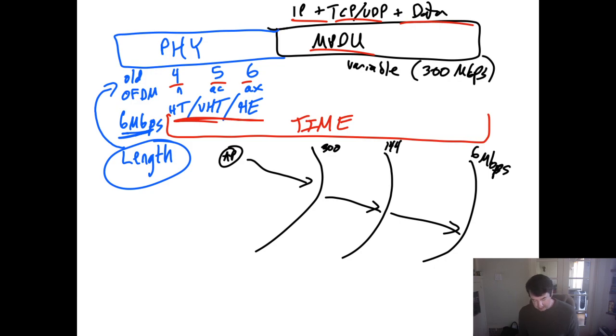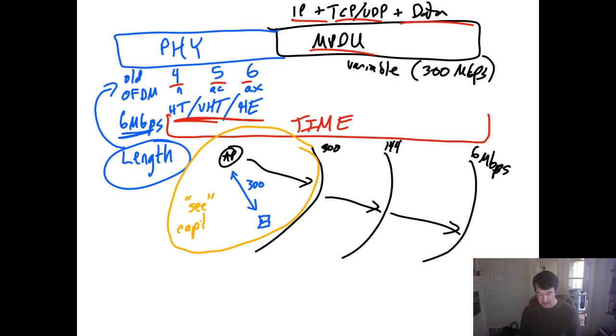And so if my client device is in the restaurant like I was yesterday, and my client device is communicating at 300 megabits per second, if someone is within the range of 300 megabits per second, then they can capture the traffic going between my client device and the access point.